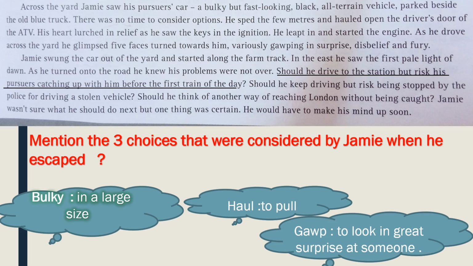What else? Should he keep driving but risk being stopped by police for driving a stolen vehicle? The second choice is to keep going in the car to London, but the police might catch him and accuse him of driving a stolen car. The third choice: should he think of another way of reaching London without being caught.